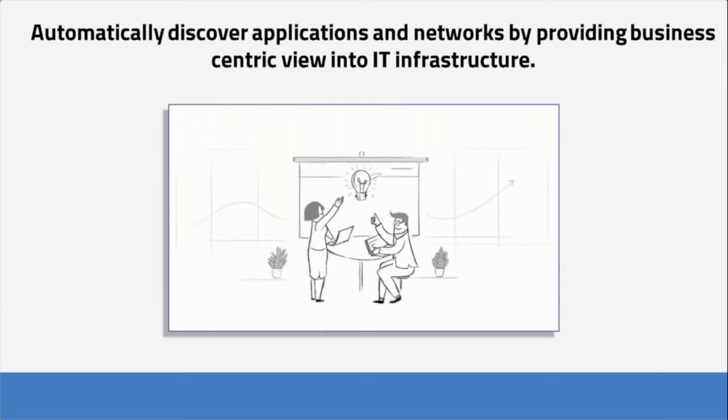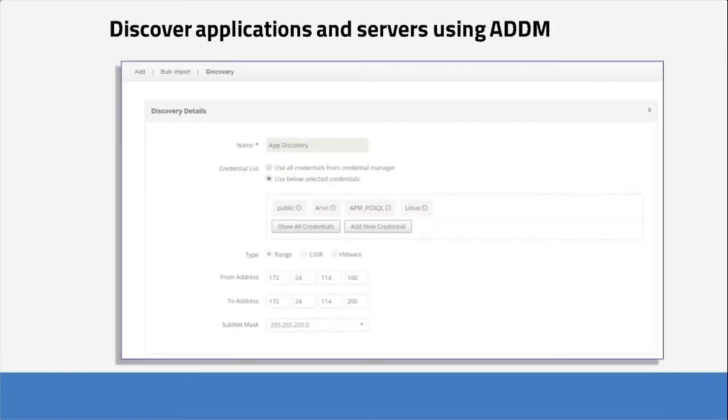Now, Applications Manager plugin offers the users the functionality to discover applications and servers using the application discovery and dependency module. So this ADDM is what will help the users create a map view with the help of the provided details.